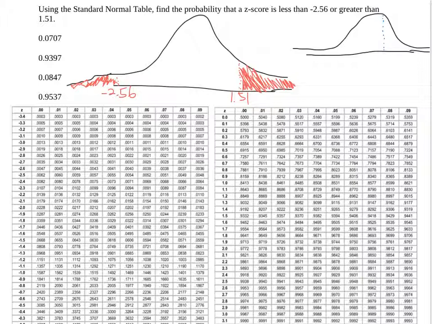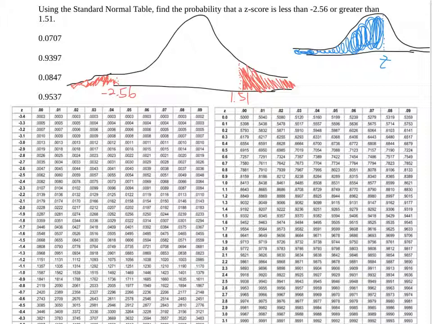Here are the z-values here. Here's how you're going to find the z-value. What the table gives you is the area to the left of that z-value. Okay? That's how that works.